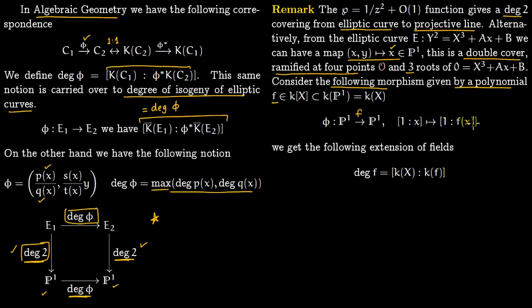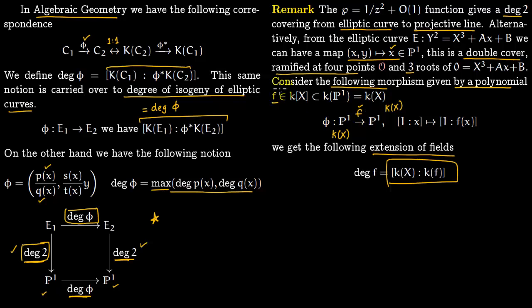Once you have this map f from P1 to P1, we will have an extension of fields given to us like this. This thing is precisely carried over from here. Corresponding to P1, you have this. Here also the field is K(x), but since you have multiplied by f, you are injecting this into this.